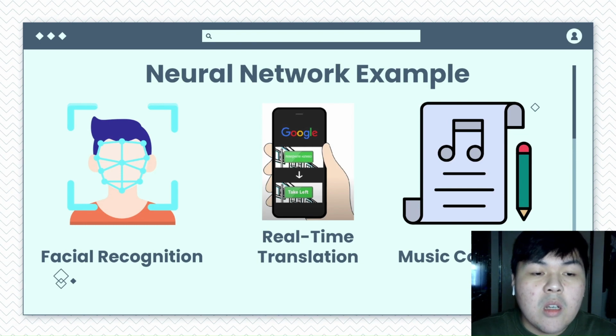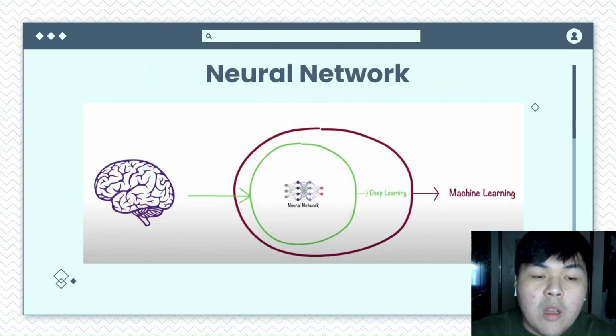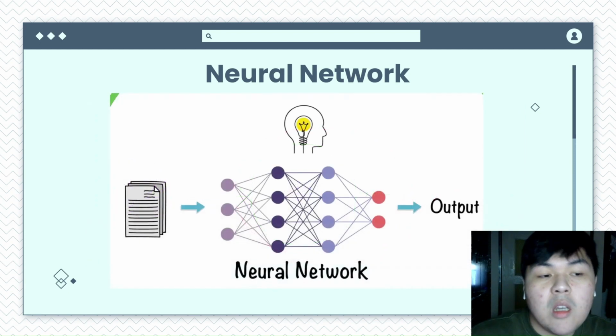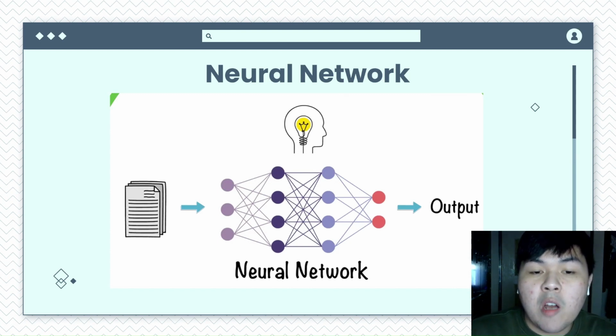Neural networks form the base of deep learning, which is a subfield of machine learning, where the algorithms are inspired by the structure of the human brain. Neural networks take in data and train themselves to recognize patterns in data, and then predict the outputs for new sets of similar data.